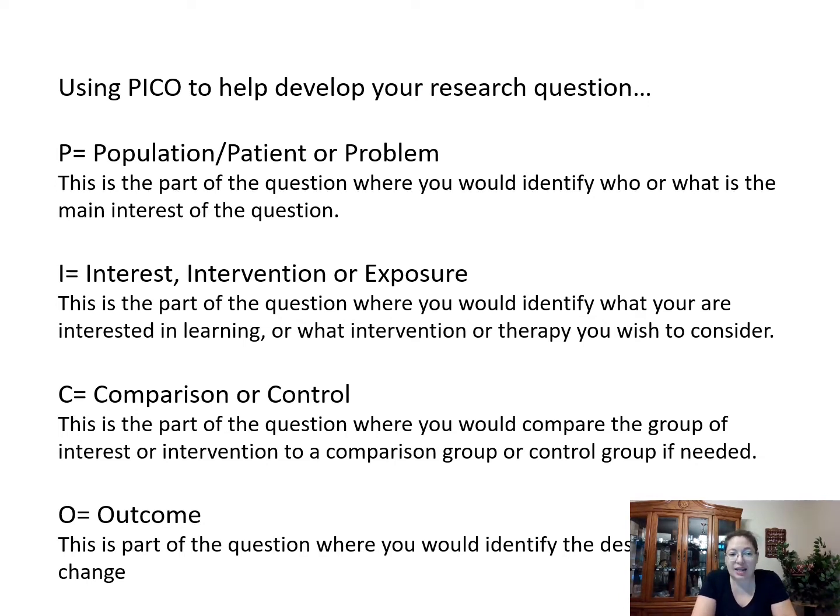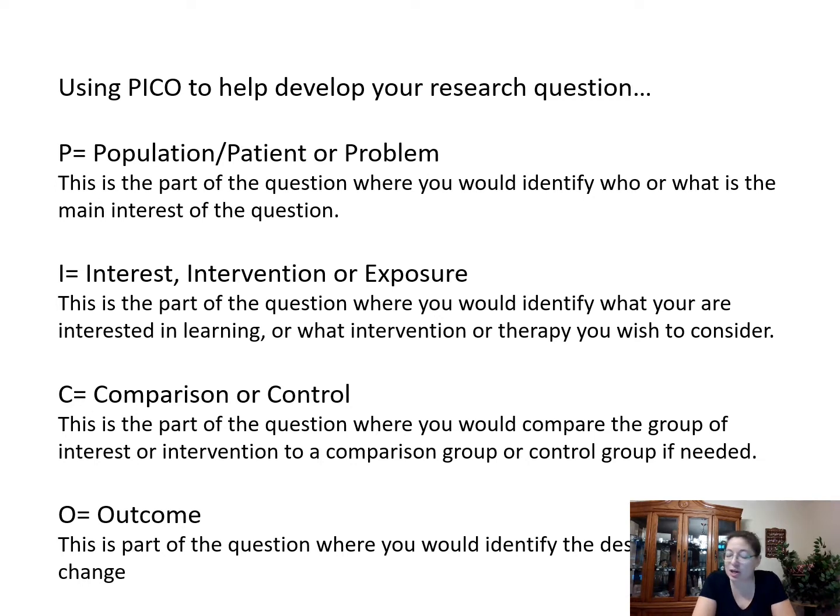And then for I, we identify what we're interested in learning or what intervention or therapy we wish to consider. So perhaps we could consider cognitive behavioral therapy. And then for C, this is the part of the question where you would compare the group of interest to a comparison group. And with the O, this is where you would identify an outcome that you need.